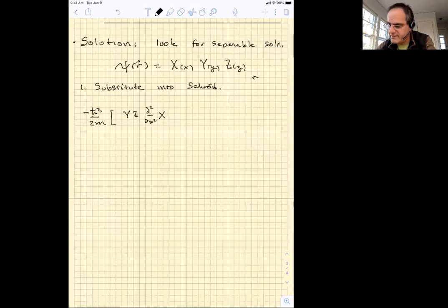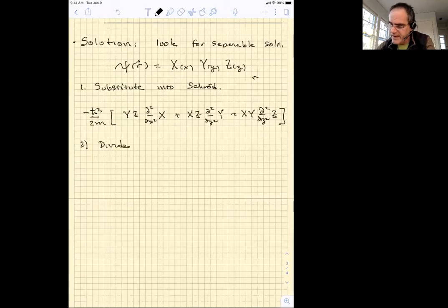They're like constants. And likewise, we have x, z times d squared dy squared of the y function, plus x, y times the second derivative with respect to z of the z function.